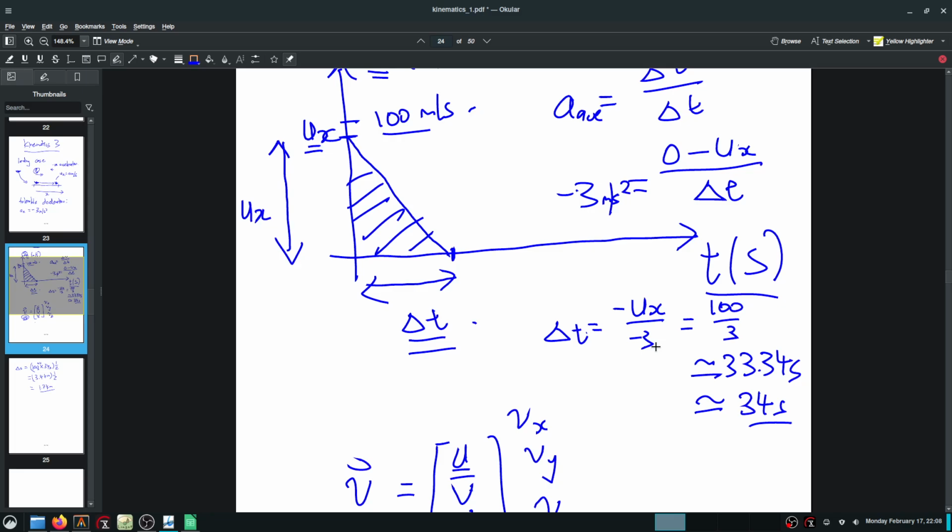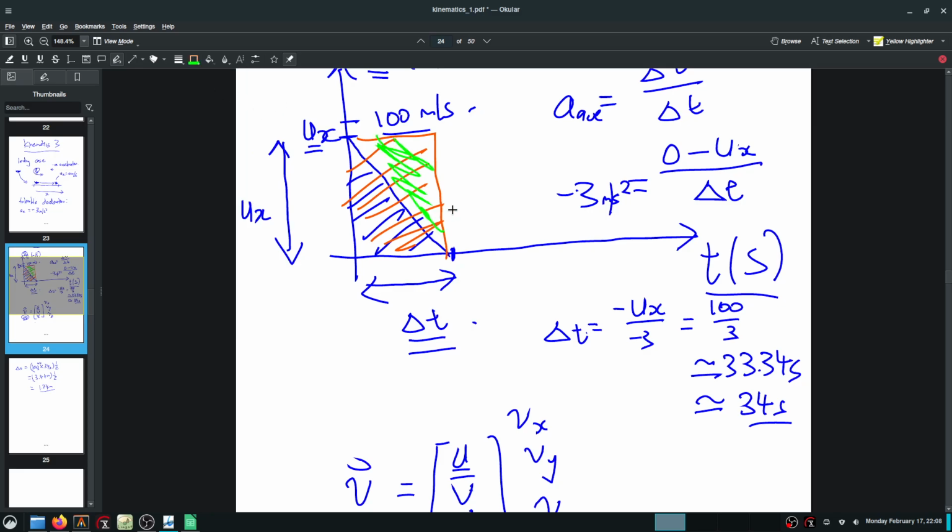Anyway, the other way you can calculate this, and you will see why I'm doing this later on, is to take this big rectangle, and then I will minus this area. Maybe I'll use a green color to make it more obvious.